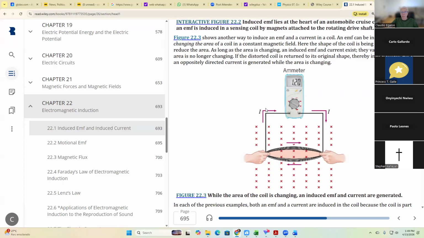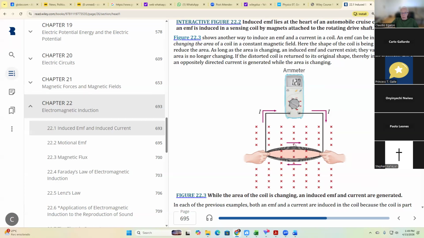While the area of the coil is changing, the magnetic flux is also changing. So it's not that you must have a change in magnetic field. You must have a change in the magnetic flux. If you get a change in the magnetic flux, you manage to induce a current, and that's what happens here. Okay, the area of the circuit keeps increasing and decreasing.